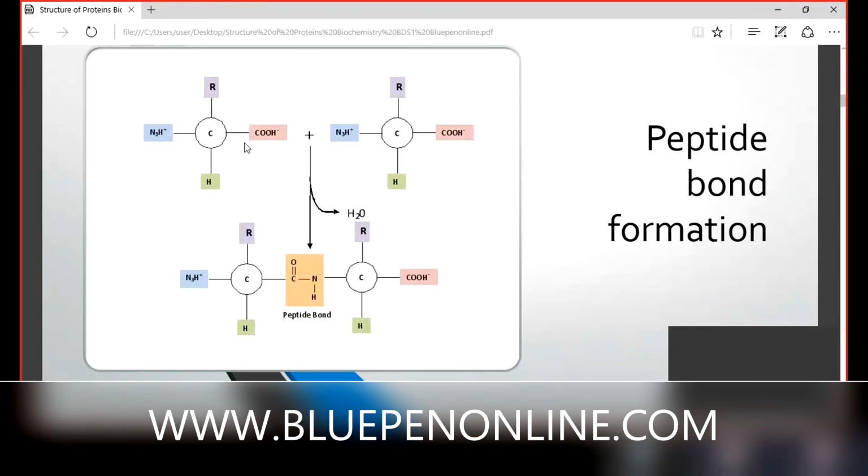Cut that written part. The carbon atom to which the amino group and carboxyl group are attached is known as the alpha carbon atom.